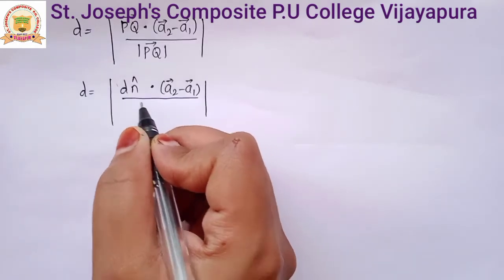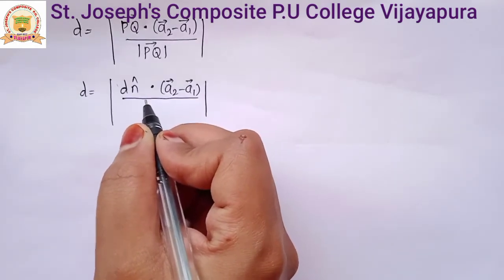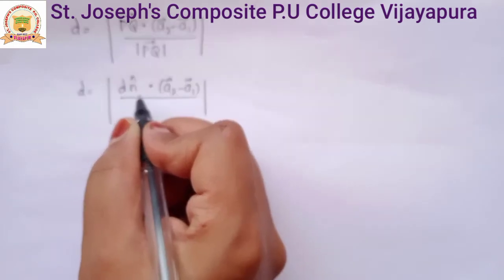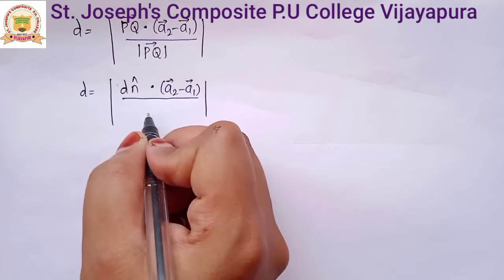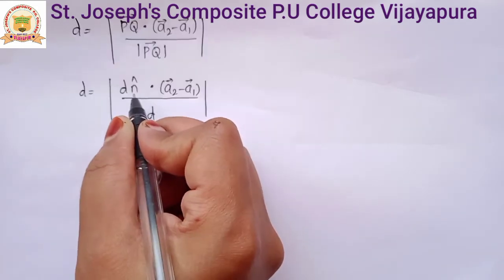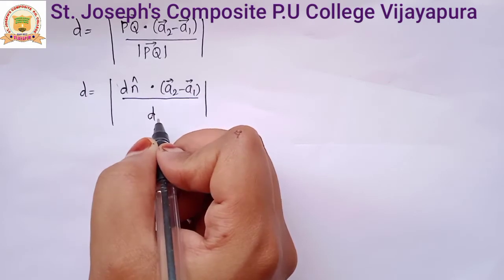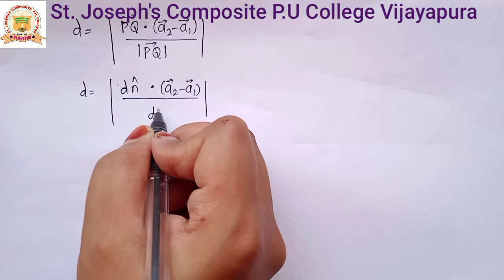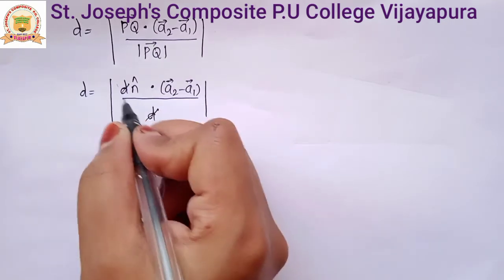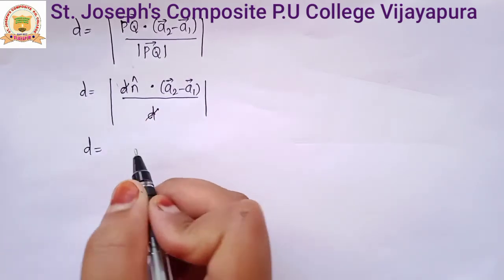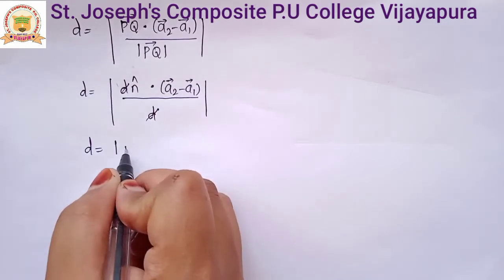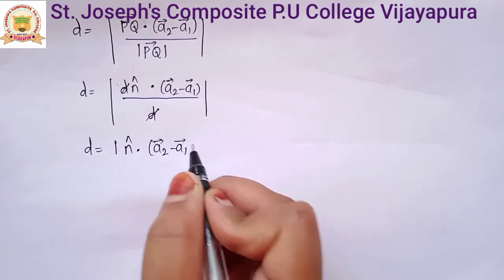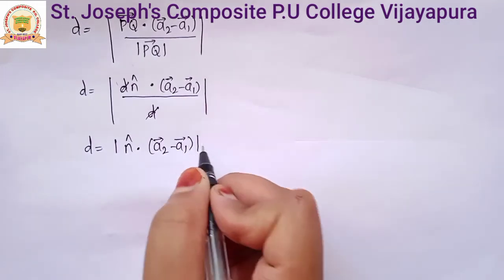Then what will we get? The magnitude of PQ, we get only D, because a unit vector always has magnitude 1. So on substituting we only get D. So here numerator D and denominator D get cancelled. We get D is equal to mod of n cap dot A2 minus A1, that is vector A2 minus vector A1.